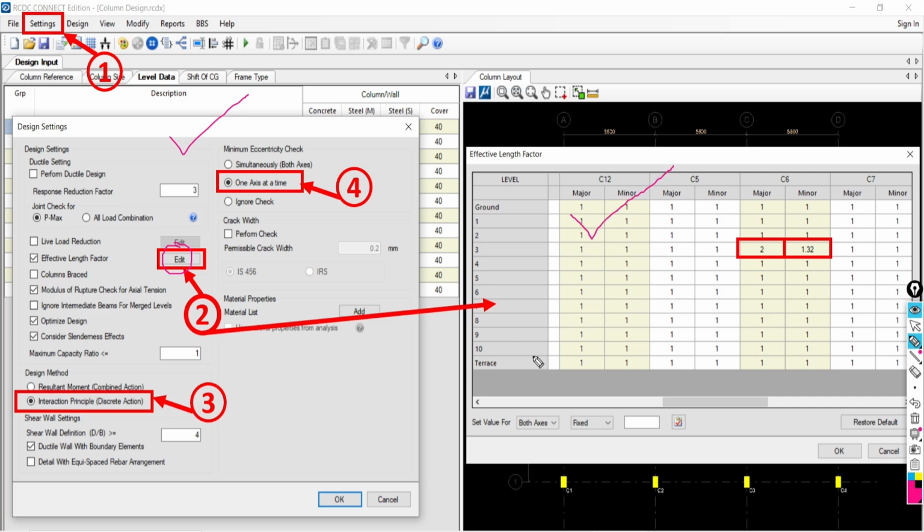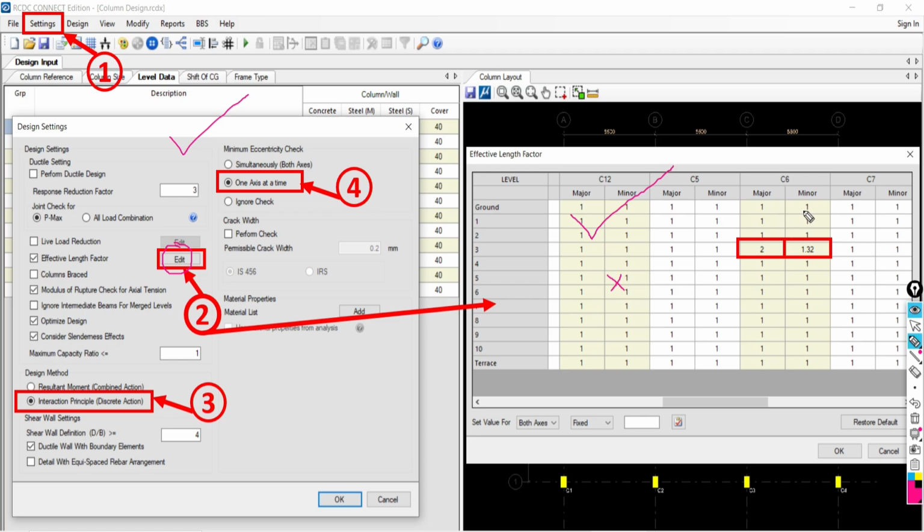And my dear friend, the RCDC software is lagging in fetching the correct effective length factor from the analysis report of the primary software, and due to that reason your results are not matching, or not coming as per your expectation. Why? Because your effective length factor is going to be considered wrong. And you have just learned in our manual approach the importance of the effective length factor for the design of your column.